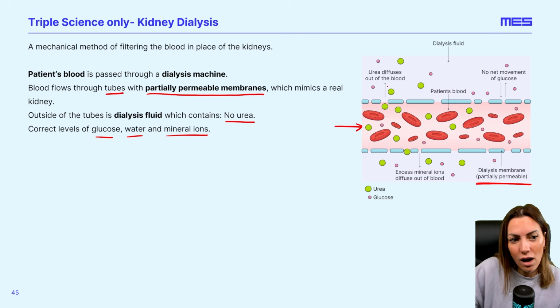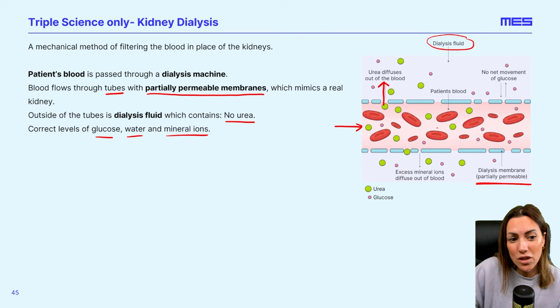Now, because there is no urea in the dialysis fluid, the urea in the patient's blood is gonna diffuse out because there's a high concentration of urea in the patient's blood. There's no urea in the dialysis fluid, so you've got a steep concentration gradient. So as the patient's blood is flowing along the dialysis tubing, the urea will diffuse out of the patient's blood.